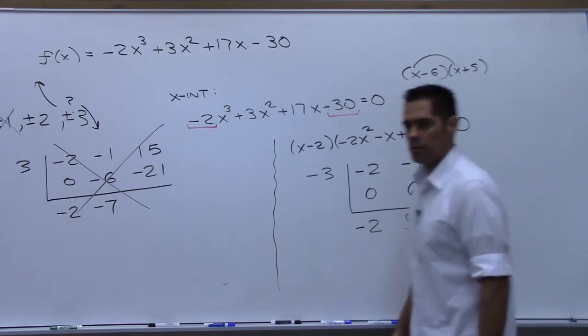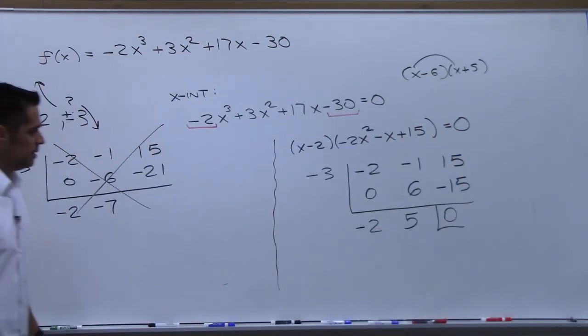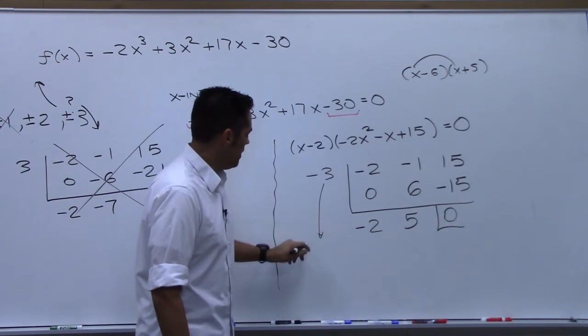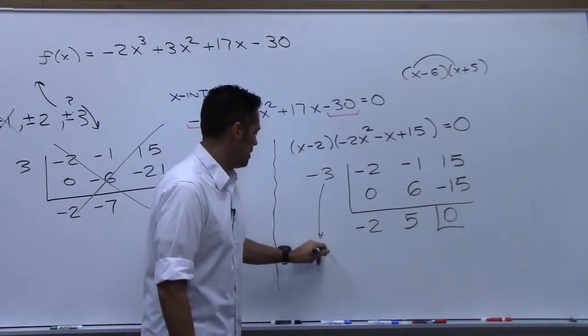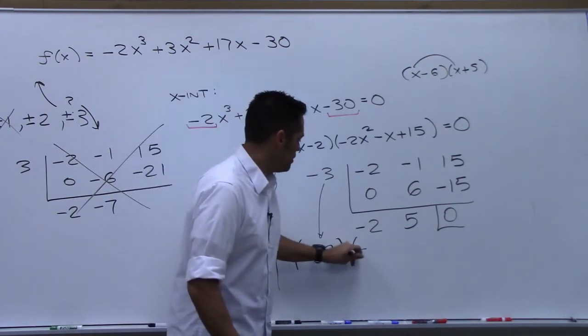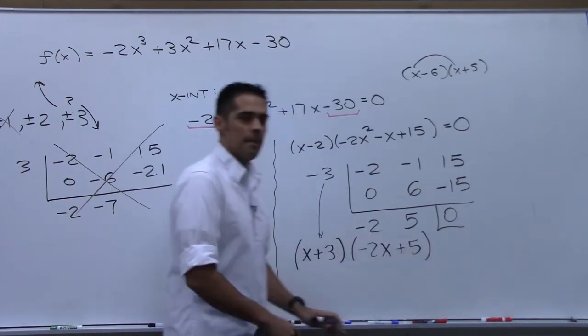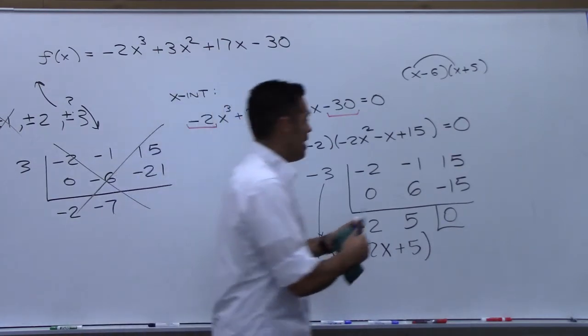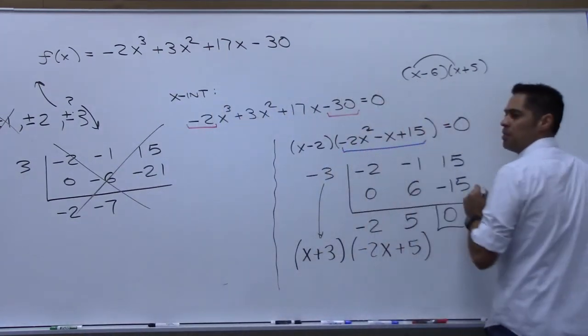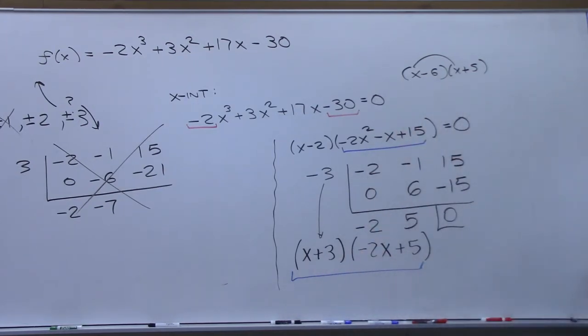Finally, it worked. Now, what does that tell me? x plus 3. Now be careful here. x plus 3, -2x plus 5. And then you still have... That was just this piece, right? That's what we just broke down. This right here has been broken down with the synthetic division to be this.